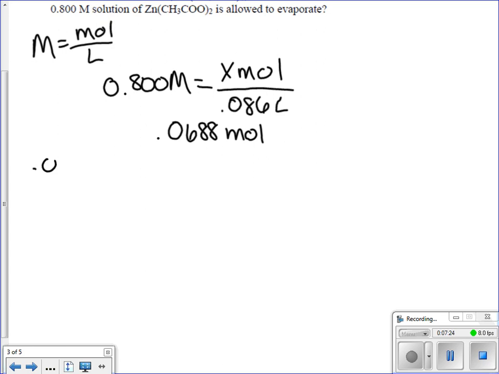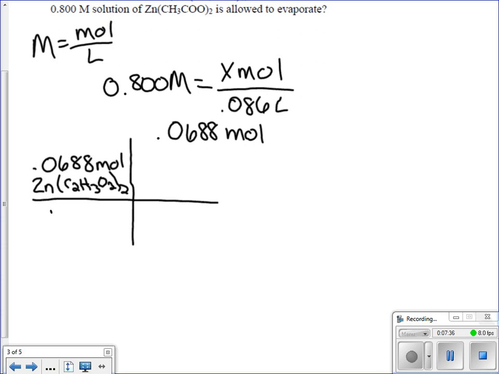So 0.0688 moles of zinc acetate, one mole goes on the bottom. If we add up the mass of zinc acetate from the periodic table, we get 183.51 grams. So now we multiply across the top and divide by what's on the bottom.